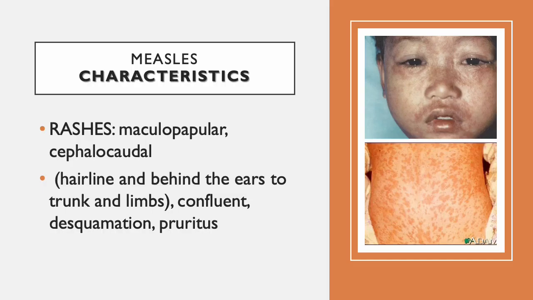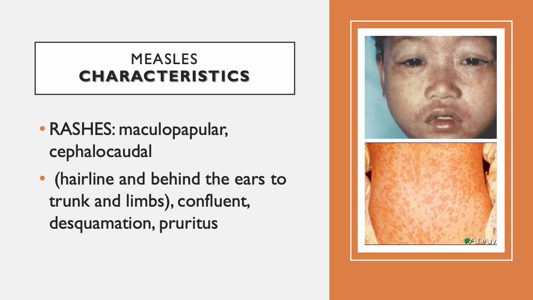Okay, so rashes is indeed a very definitive sign of measles. Pero mas definitive yung Koplik spots. Definitely. Okay, talagang kapag may Koplik spot, kaya siya tinawag na pathognomonic kasi yun nga yung talagang definitive sign ng infection na yun. Pero apart from that, it is also characterized by the presence of rashes.